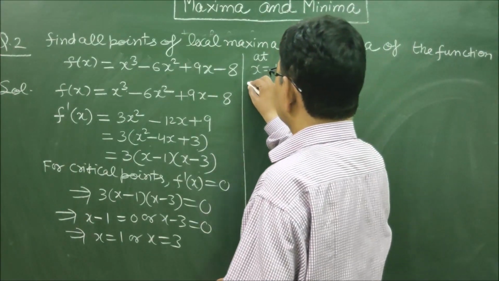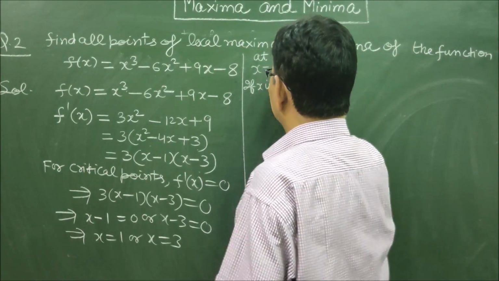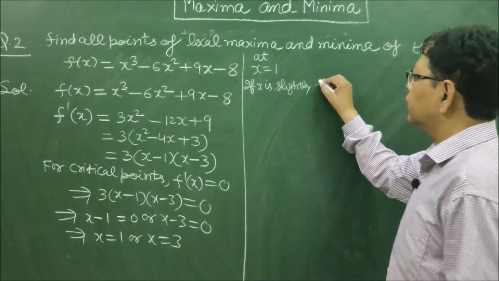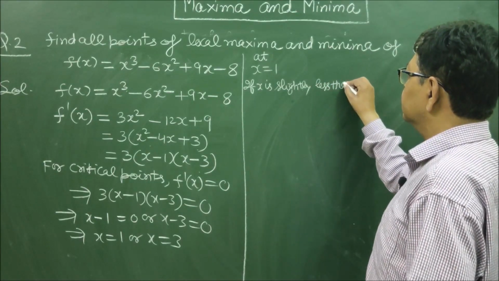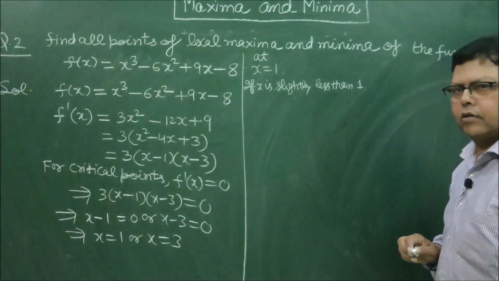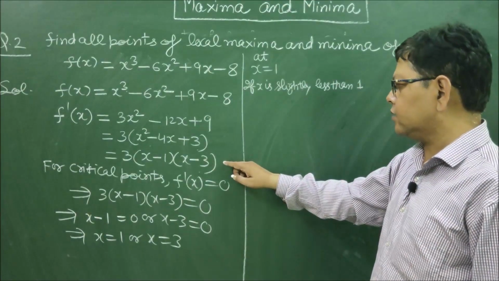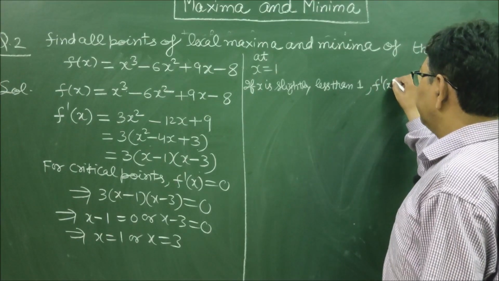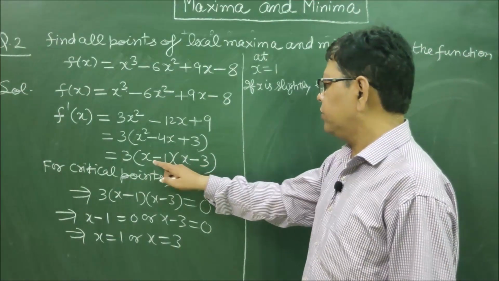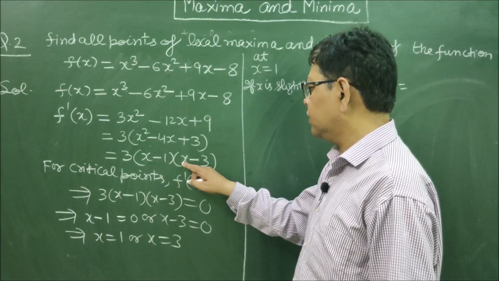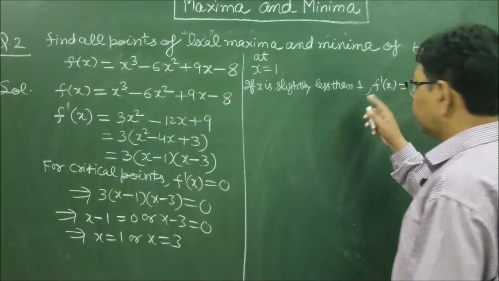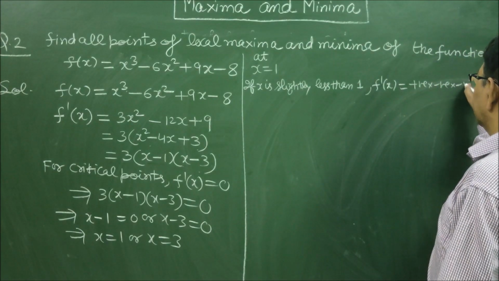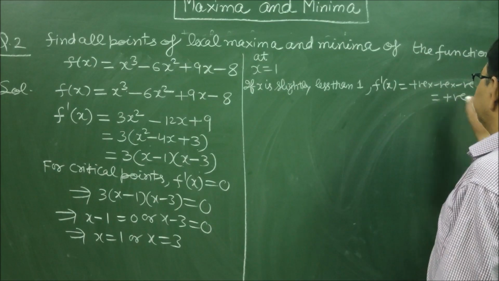So if x is slightly less than 1, let us check the sign of f dash x. If x is slightly less than 1, this term is negative and this term is also negative and 3 is already positive. So positive into negative into negative is equal to positive.